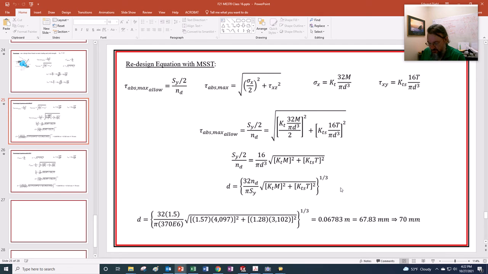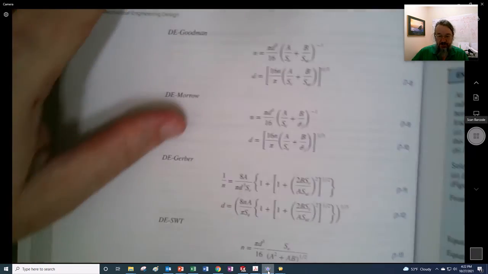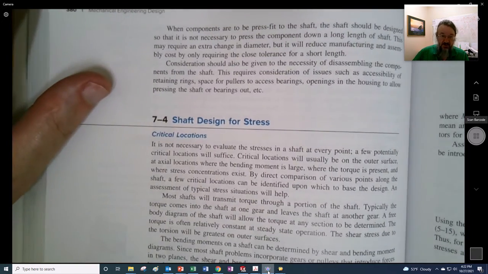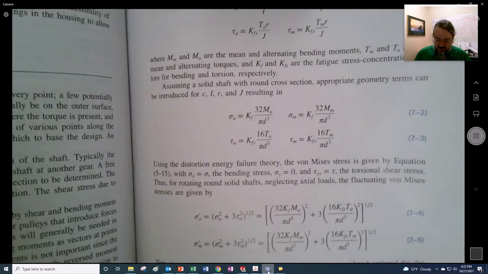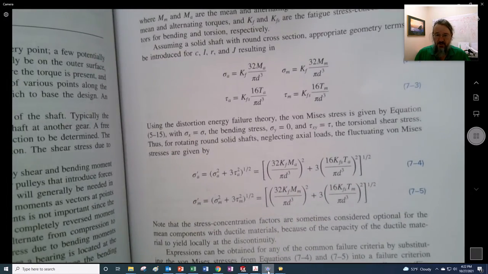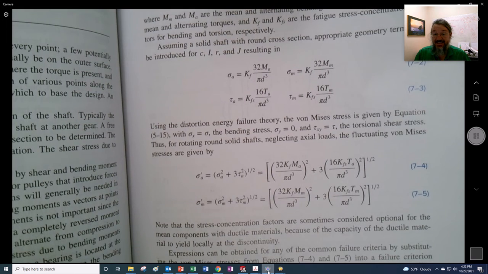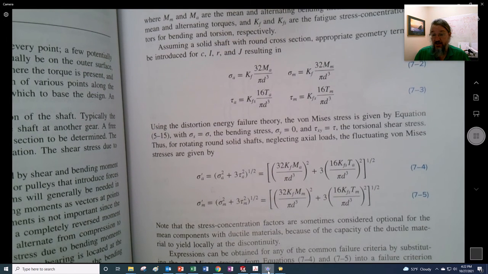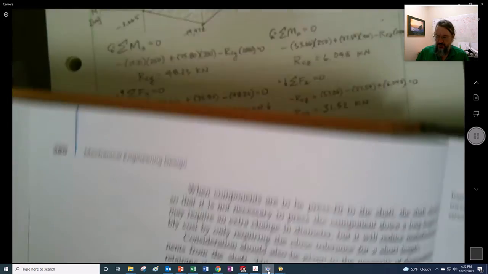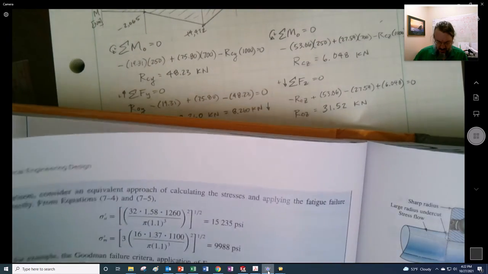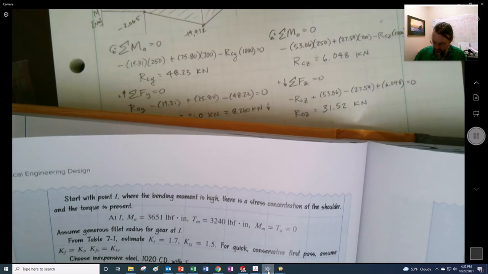Maximum shear stress theory isn't really used; they use distortion energy theory mostly in the chapter 7 stuff. I'm referring to chapter 7 and the shaft design for stress section. We will learn what the A and M subscripts are: alternating and mid-range.